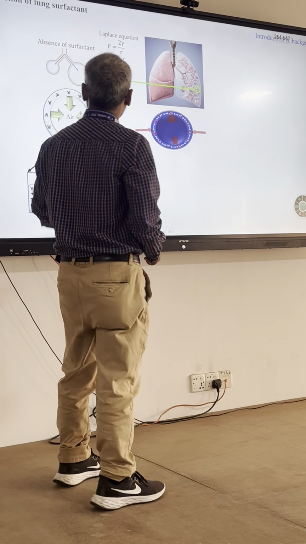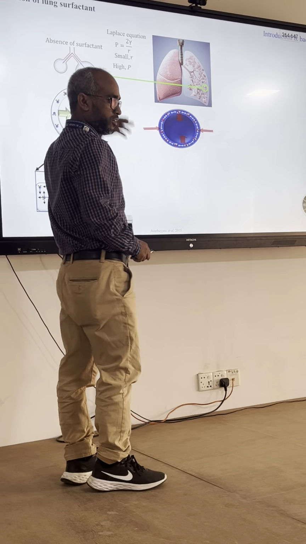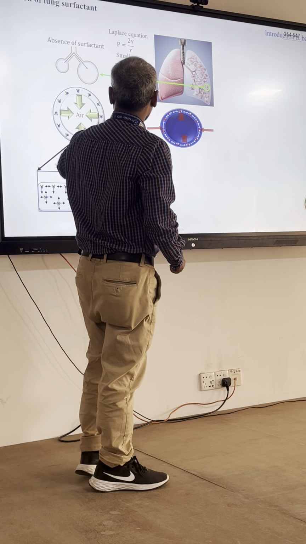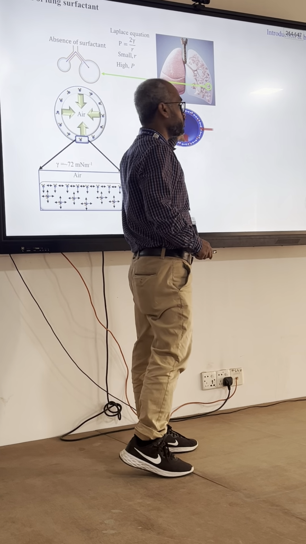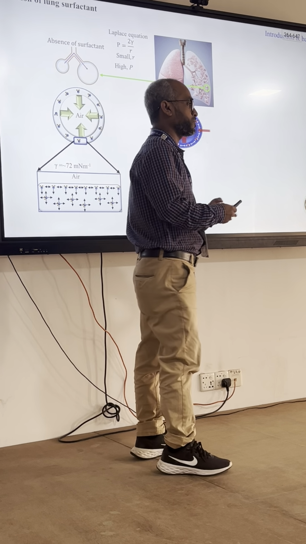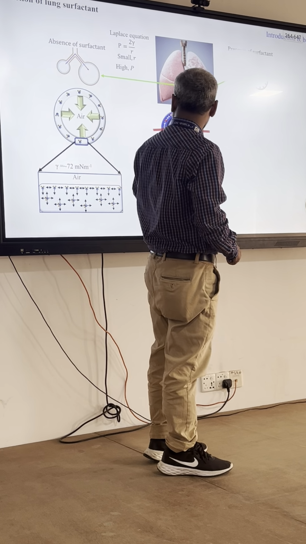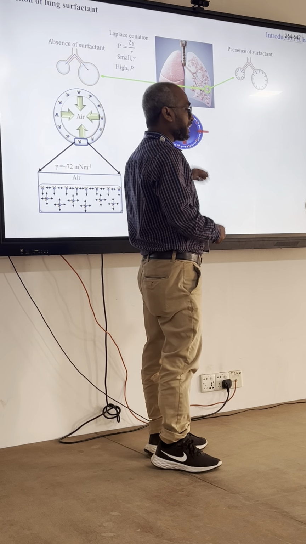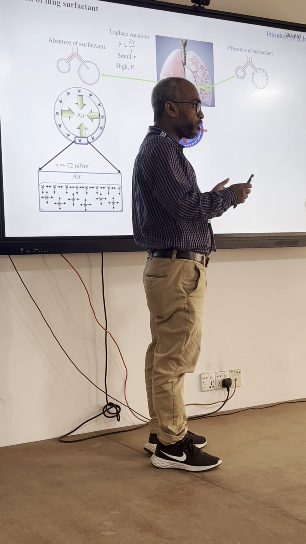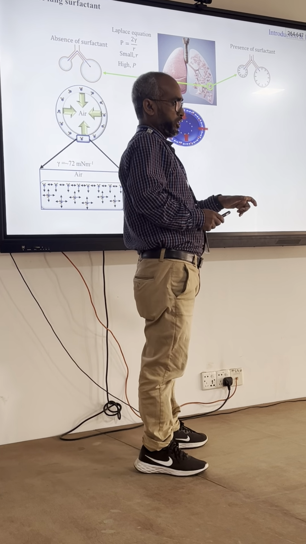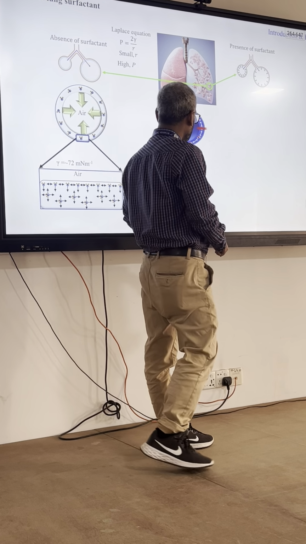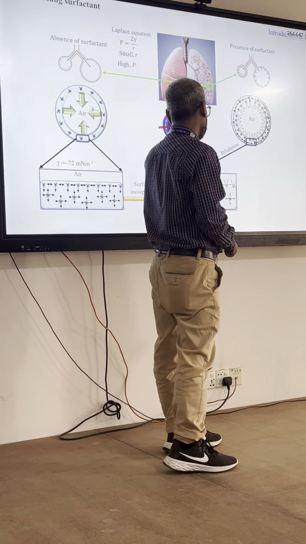So, we have two air sacs in our body. In the absence of lung surfactant, we have huge external pressure that can collapse the alveoli. Once we have the surfactant, there is an opposite force that equilibrates from 70 to 20 to 25. So this is the schematic.